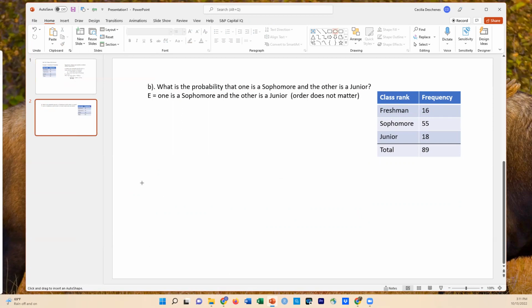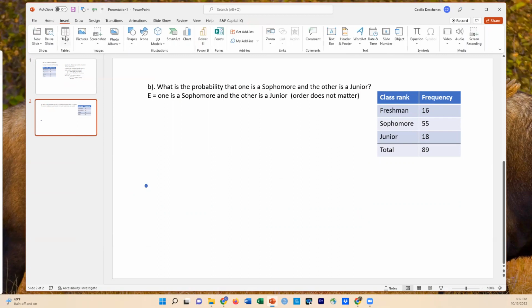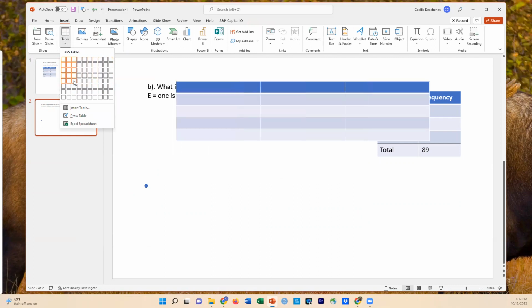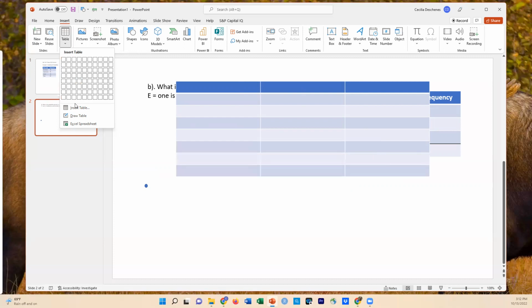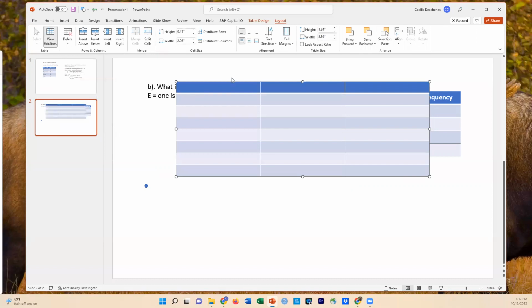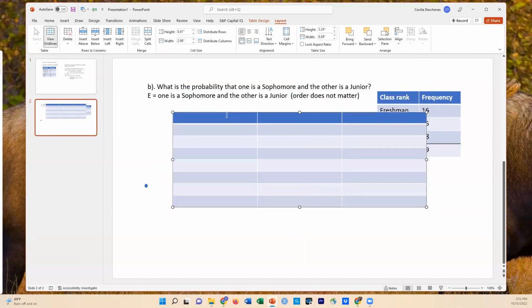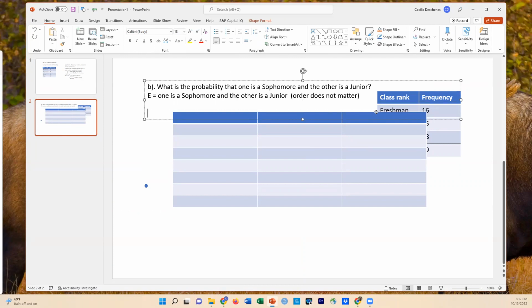Let's just start out with a little dot here. And then I'm going to create a table just to help us space this out correctly. Okay, so I'm going to do a tree diagram.